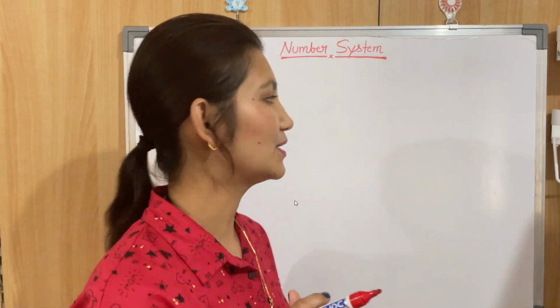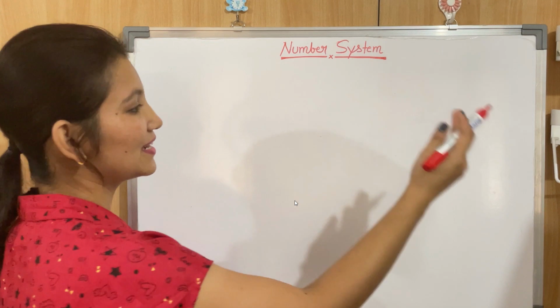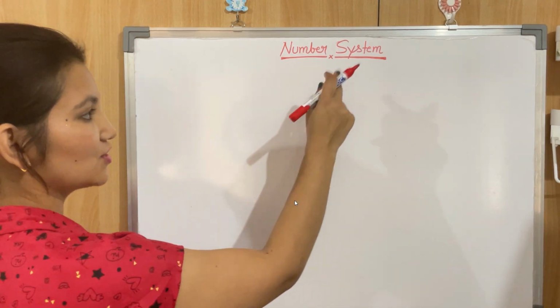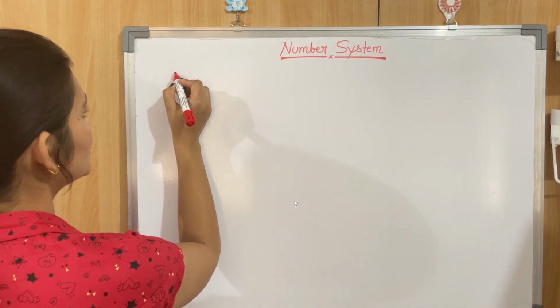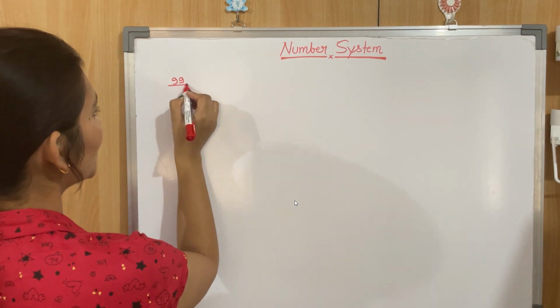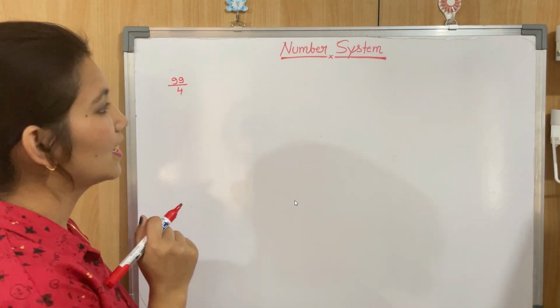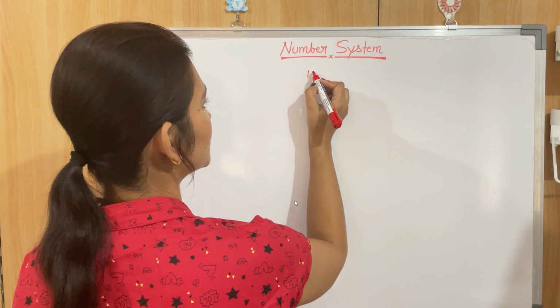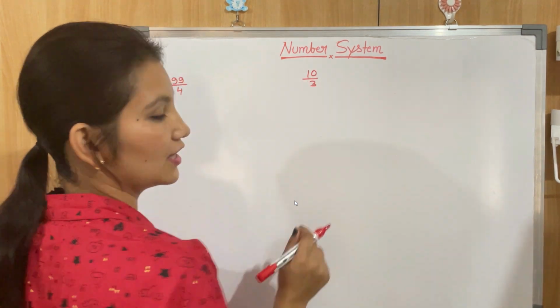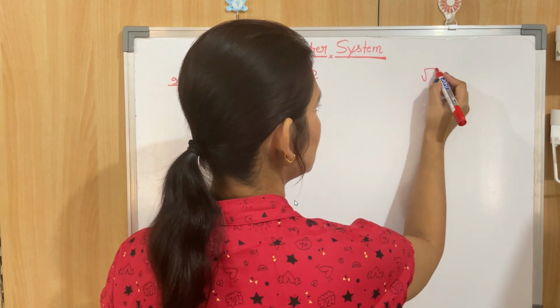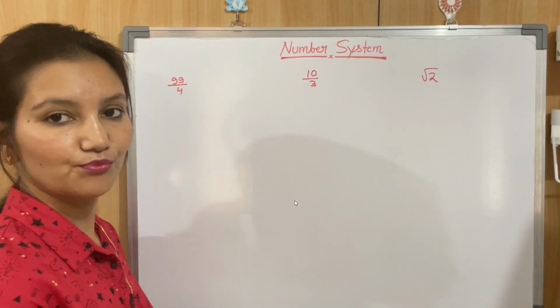So be with me. We are taking 3 cases. Case 1 is 99 divided by 4. Case 2 is 10 divided by 3, and case 3 is root 2, right?